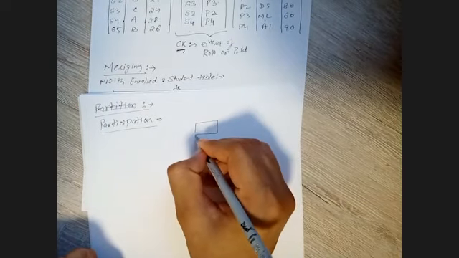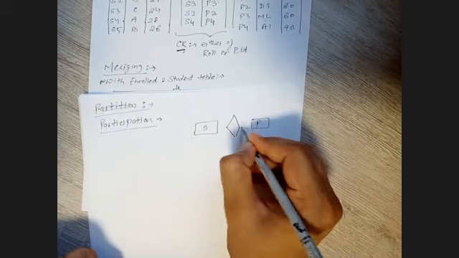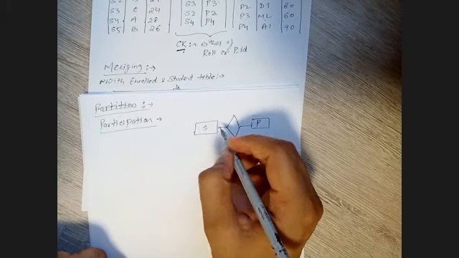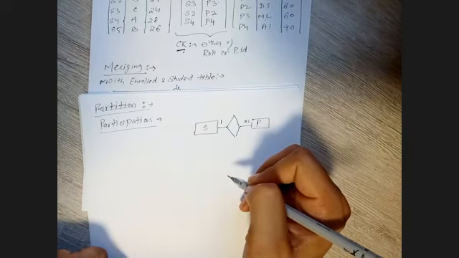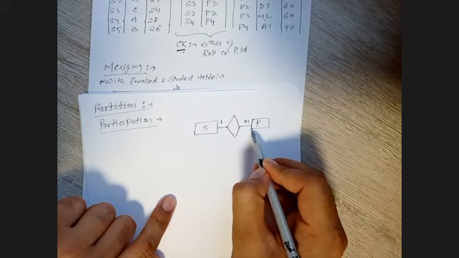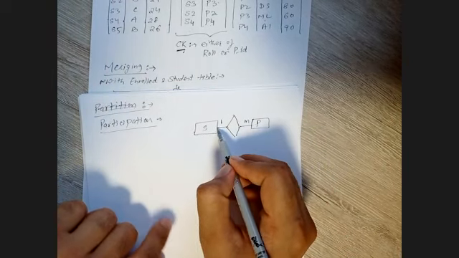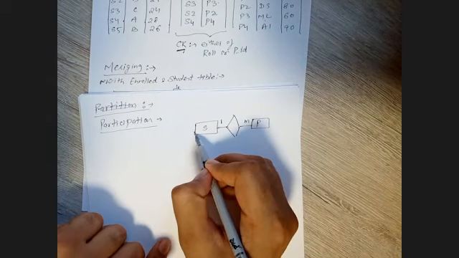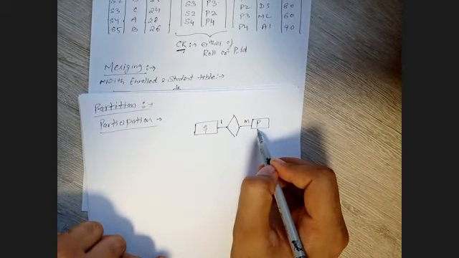So right now we have seen student and enrollment in the project. We said that when we have a one to many relation, a student can be enrolled in many projects and a project can have exactly one student. But we didn't say whether every student must be enrolled in a project.